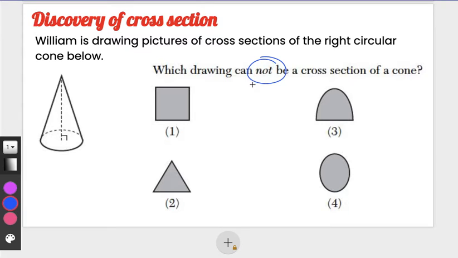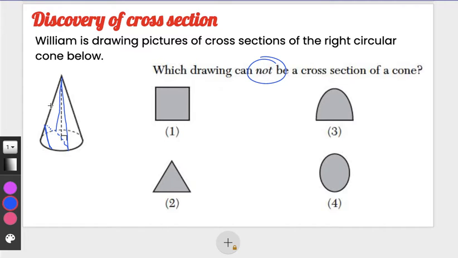As I mentioned, we can have all different kinds of cross sections of the same object, depending on how you cut it. If I cut from a very vertical way like this, I'm going to get a triangle. If I cut through on the side, I might have this shape.